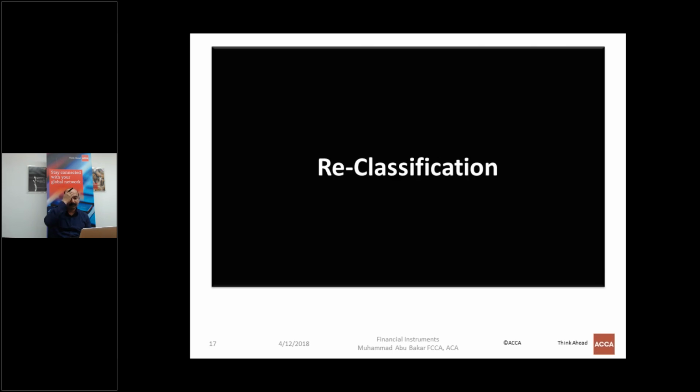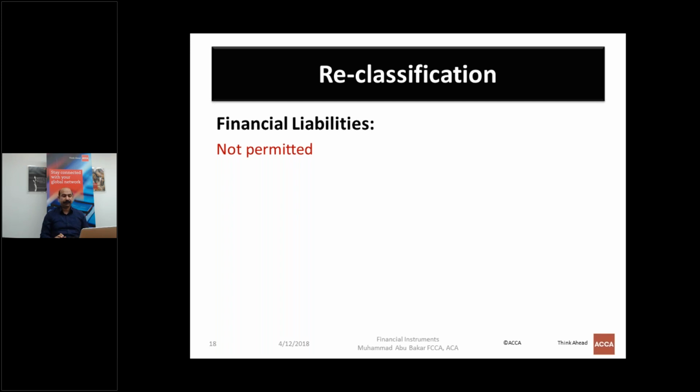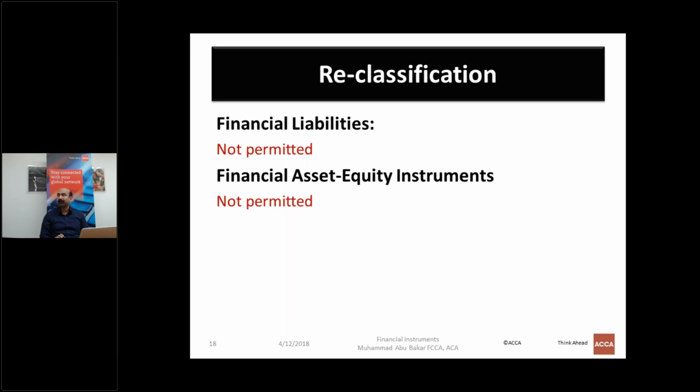Okay, now we come to reclassification. Financial liability, you cannot reclassify, not permitted. Financial asset, equity instrument, not permitted. You cannot reclassify.